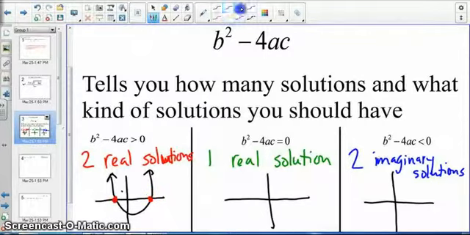If it is equal to 0, it'll cross our x-axis once. So right here. And then if it is less than 0, it won't even cross our x-axis. This is an example. Okay? It's out in the open.